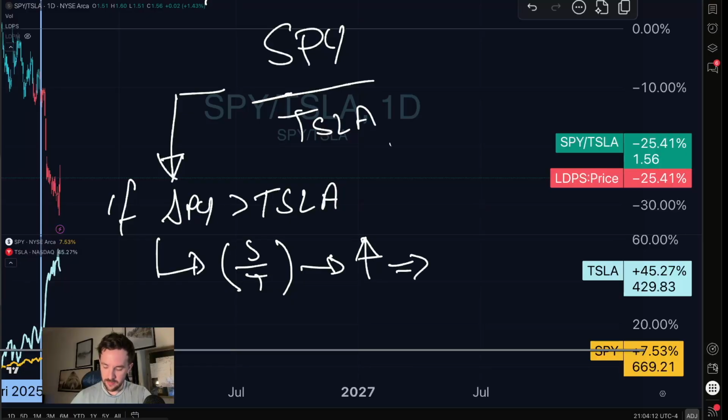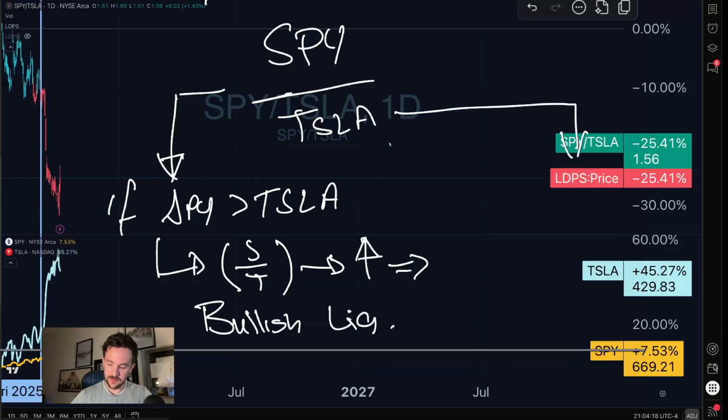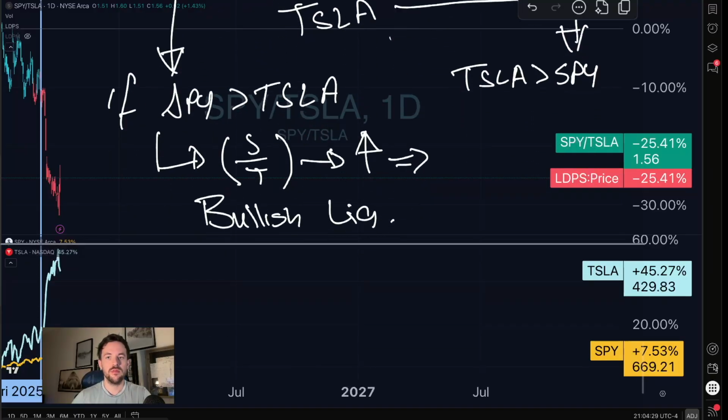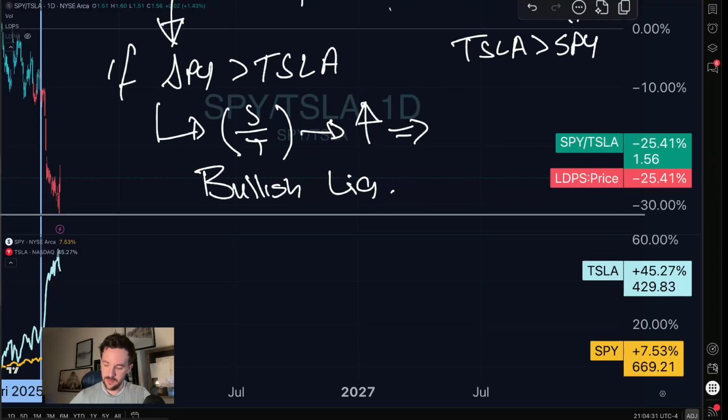And so we get bullish liquidity. And conversely, if Tesla is going to do better than SPY, then we get that bearish liquidity.